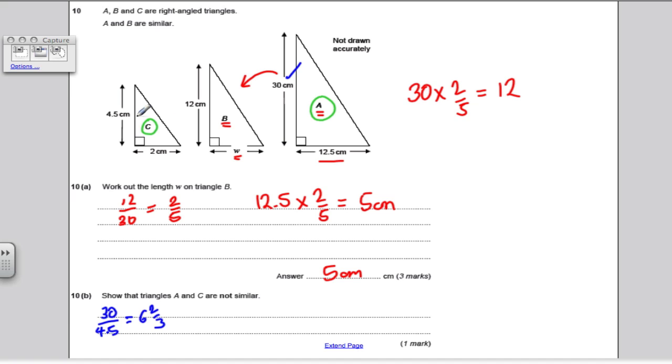That was that side divided by that side. And the other equivalent sides would be 12.5 divided by 2, which would give me 6.25. Because they're not the same, there is no common scale factor linking the sides. They are not similar.